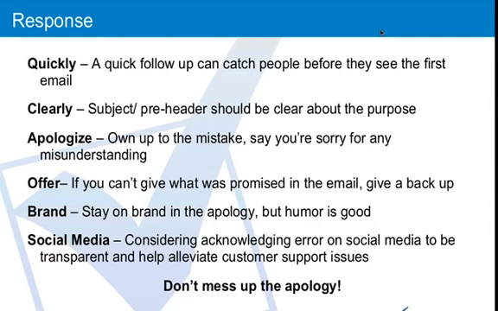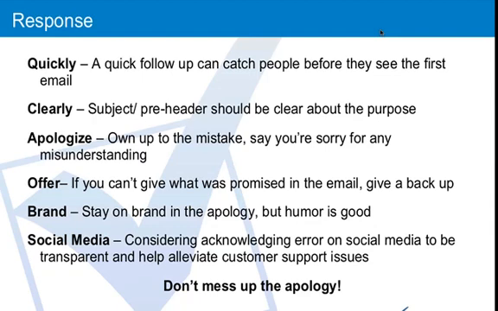Also, if you're on social media, which hopefully everybody is, we talk about this a lot, you might want to consider acknowledging what happened on social media. So maybe put it on your Facebook page, say, oops, if you received our email, there was a typo. It should be this, blah, blah, blah. Or on Twitter, which can help keep your company looking transparent over what has happened and you're not trying to hide anything.